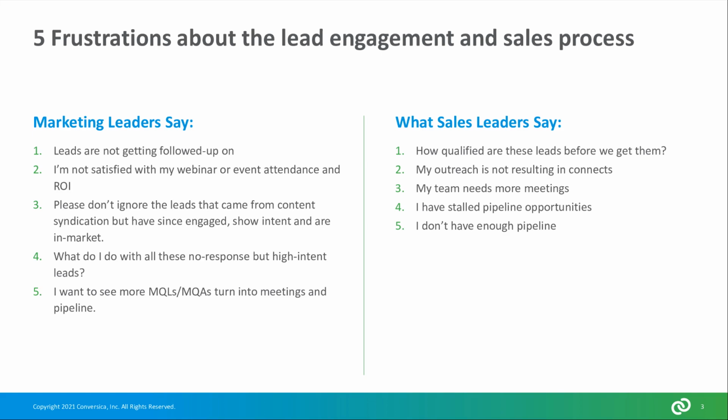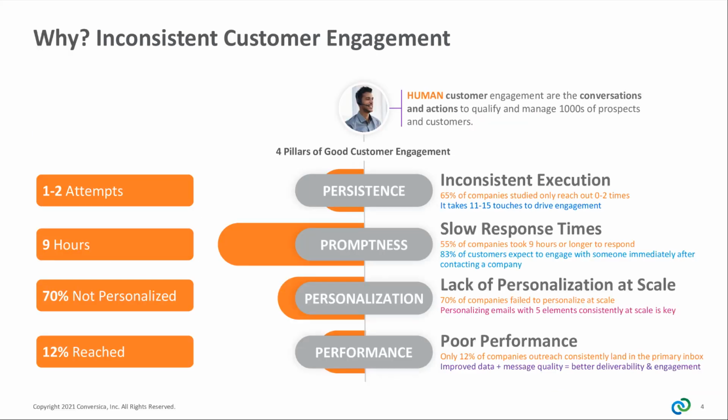All right, so let's talk a little bit about why this happens, Amanda. Why is there inconsistent customer engagement? Yeah, so sales has a lot of responsibility in following up with a lot of leads at volume, and that leaves a lot of open opportunity for things to go wrong.